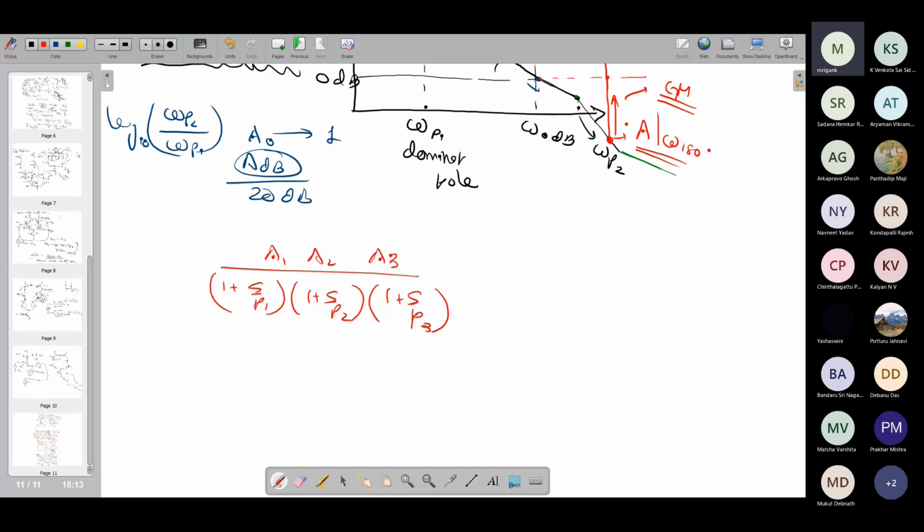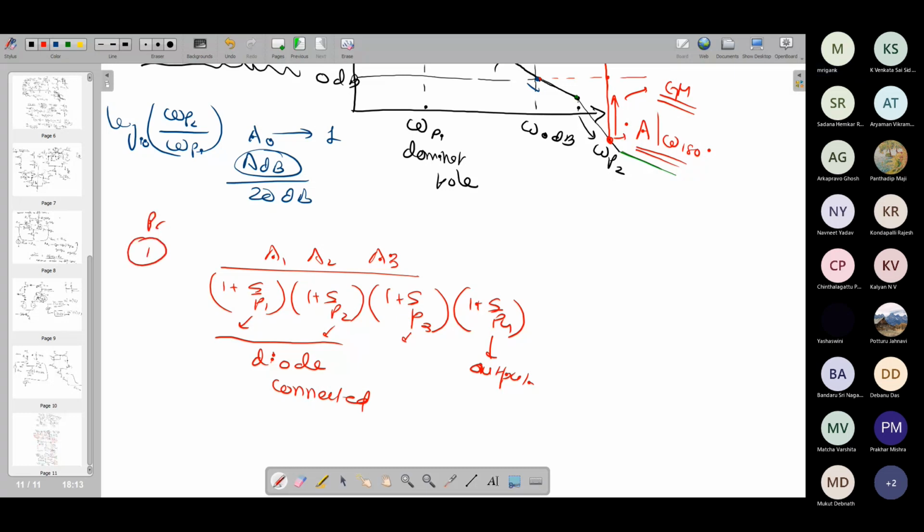P1 is the first diode connected, first stage load. P2 is the second stage, which is also at high frequency, and P3 is at the output stage, and another one is also coming, 1 plus S upon P4, which is the load. This is the output one. Others are lower than that. These two are because of the diode connected load. This is the overall expression for the first path.